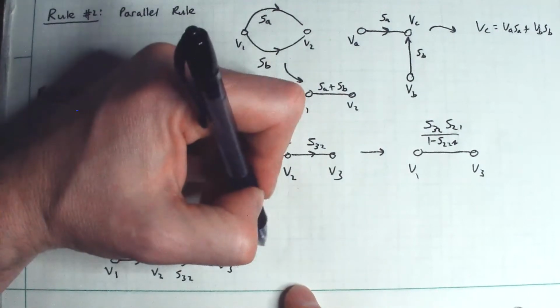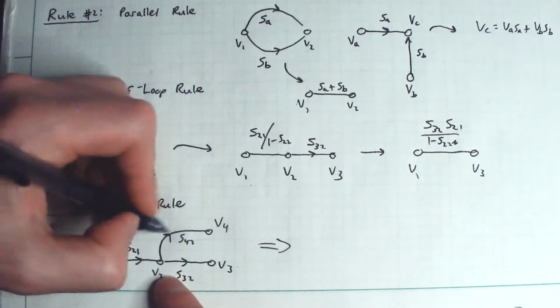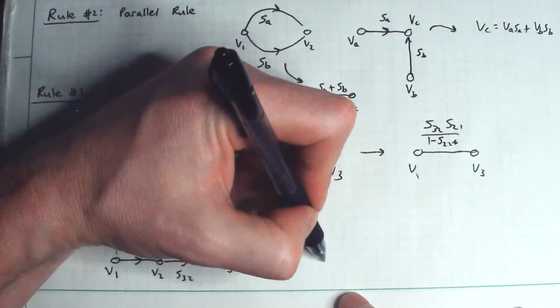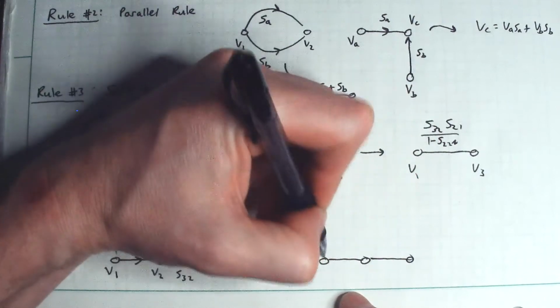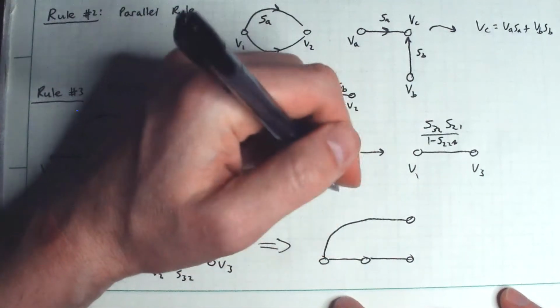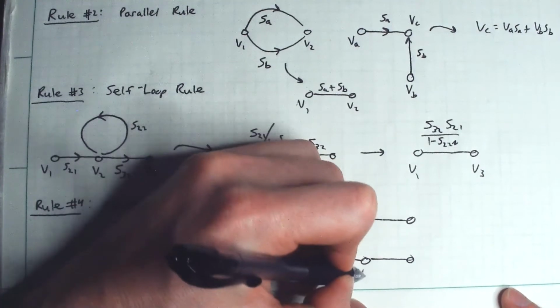The splitting rule then says the following. You can break this branch and connect it over here, in accordance with a slightly different rule, and it'll look like this. Basically these two systems are equivalent. You can imagine another node here. So this is V1, V2.